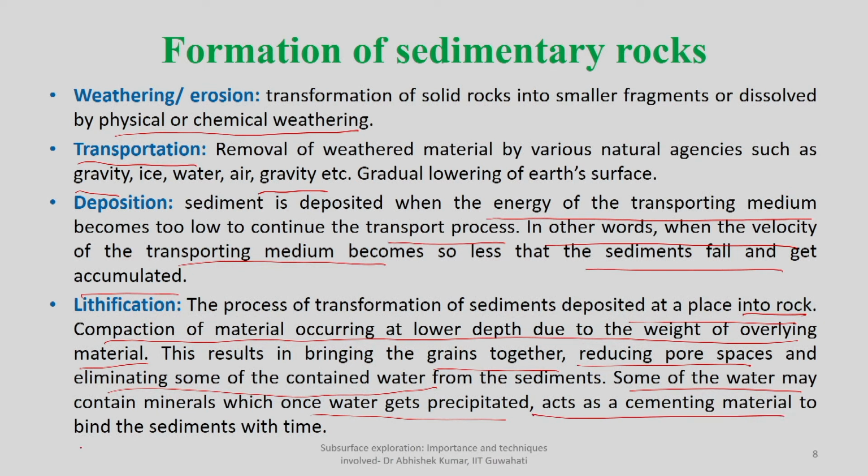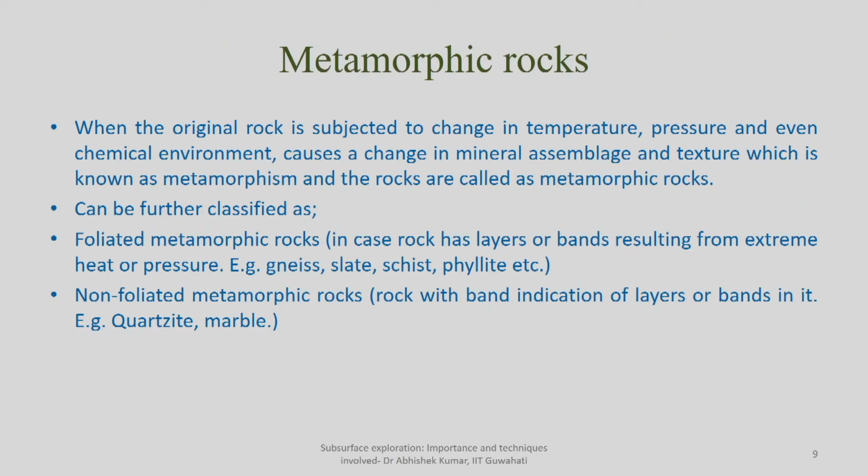At the end you will have some kind of cementing material which will bind all those sediments together and form the rock. Depending upon what chemical composition was there in the soil when it was getting deposited, that will define the mineral composition of the last product, that is sedimentary rock.